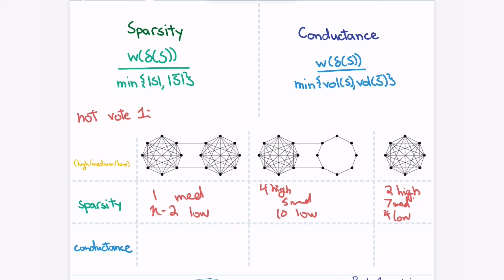Who thinks it'll have medium? No, high conductance means the ratio is always high. Low conductance means there's some cut where the ratio is low. So the conductance of a graph is the minimum over all S, same with sparsity.